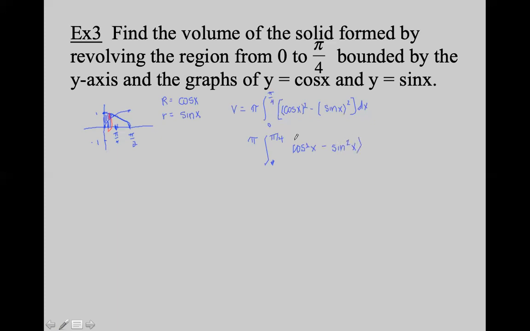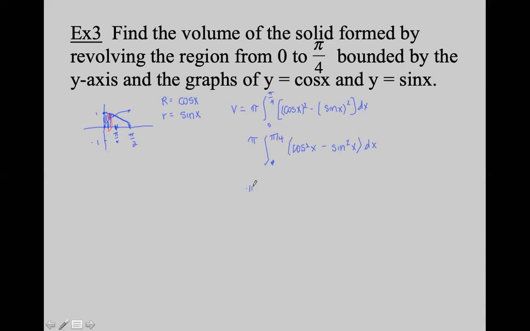Okay, now hopefully you recognize that that's a trig identity. If you don't recognize that, those are two that I highly recommend. This is the double angle identity for cosine. Before this class started this semester, I mentioned you should be sure to memorize your double angle identities for sine and cosine. This is the cosine identity.